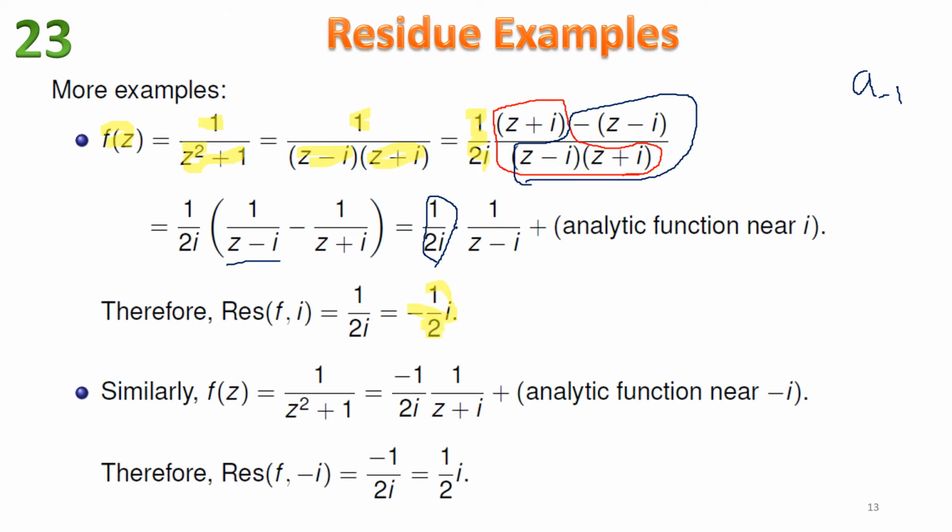In a similar way, we can deal with the expression to find the residue at minus i. Here we found the residue at i by substituting z equal to i, that is a singularity point, and here we are trying to find the residue of the function at z equal to minus i, that turns out to be eventually i by 2.